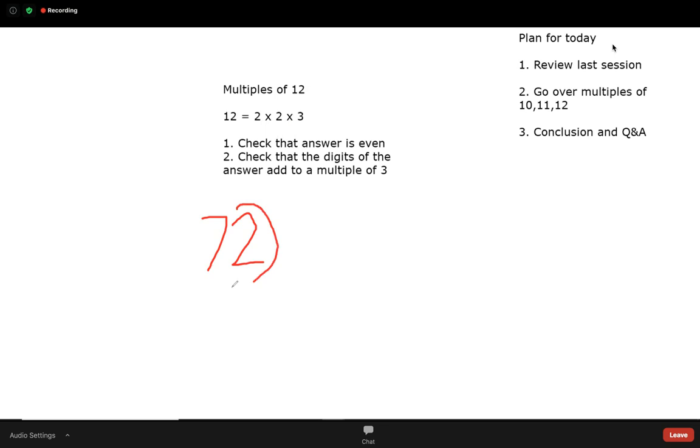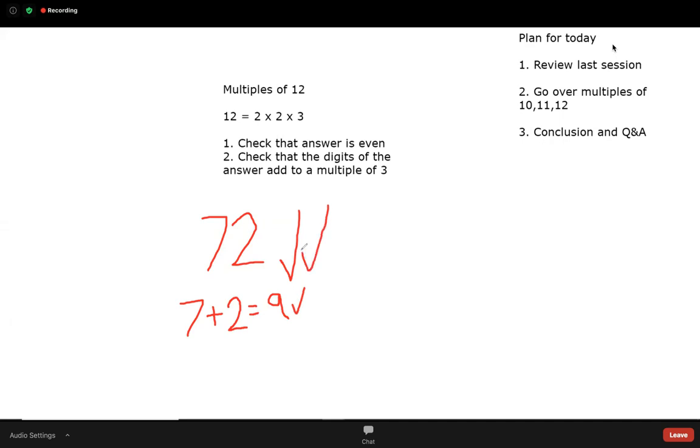We're going to first check to see if it's even, which it is, so it'll pass the first check. Then we want to see if it's a multiple of 3. So to do that, we're going to add the digits together. So 7 plus 2. And 7 plus 2 is 9. We all know that 3 times 3 is 9. So it'll pass this check as well.